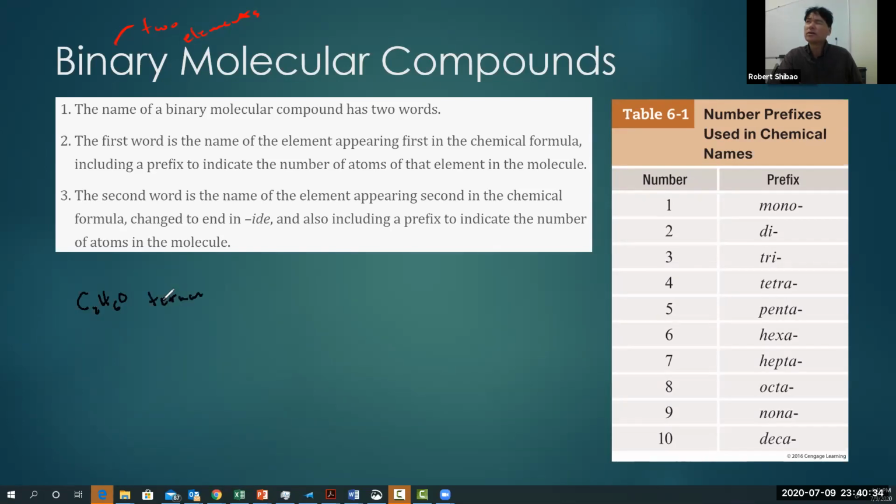Or is that ternary or trinary? I don't remember. However, something like this, C2H6, this is binary. And so we can name this easily. Carbon monoxide, CO, is binary.